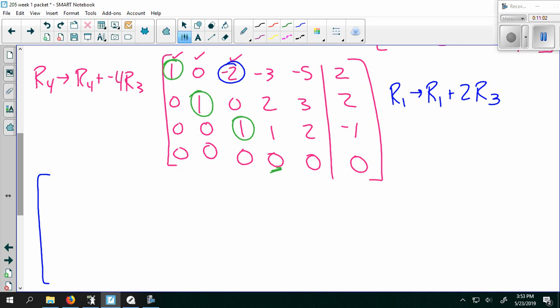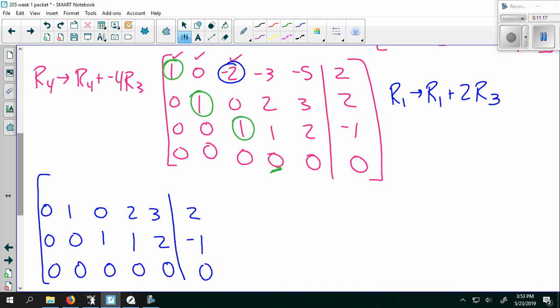And so only row 1 is changing, so I'm going to copy everything else. Okay, so row 1 is going to become itself plus 2 row 3.